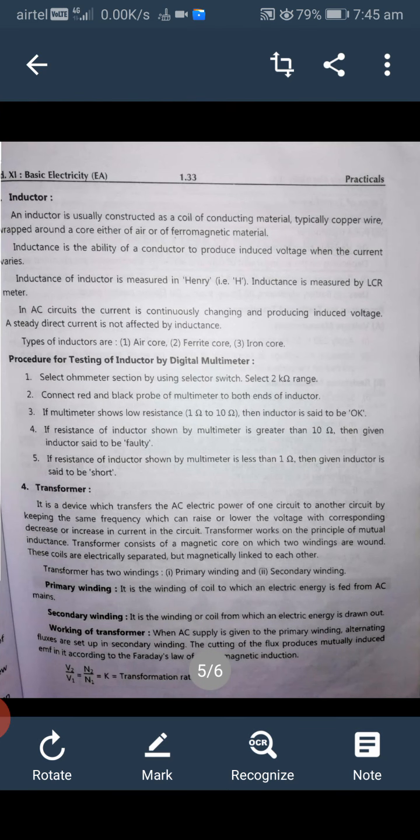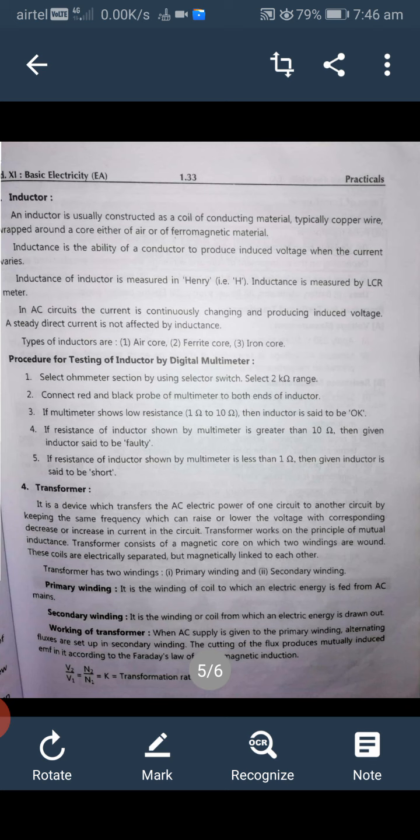Inductor. An inductor is usually constructed as a coil of conducting material, typically copper wire, wrapped around a core either of air or of ferromagnetic material.